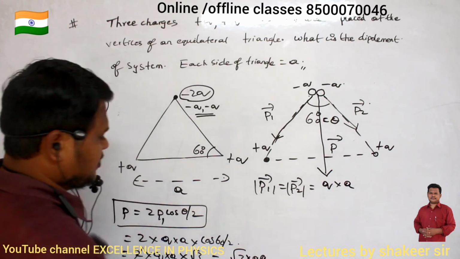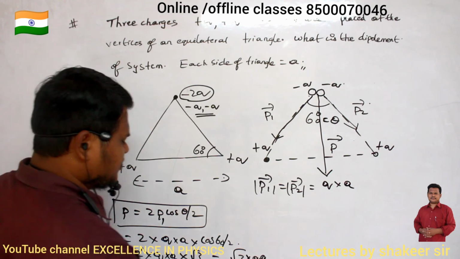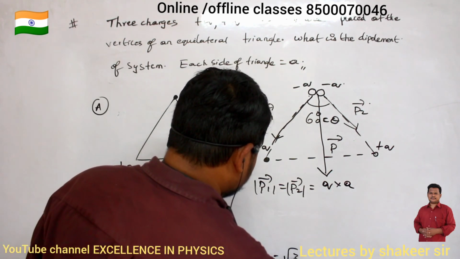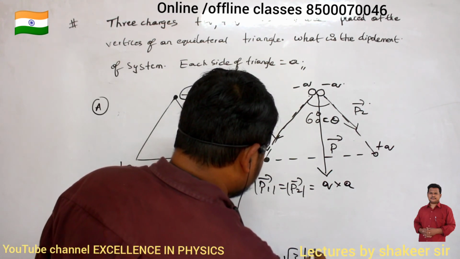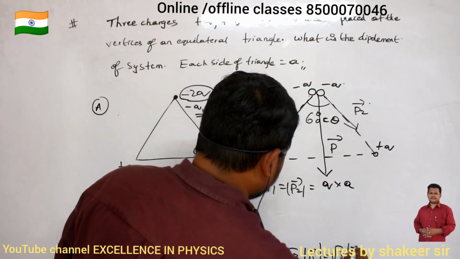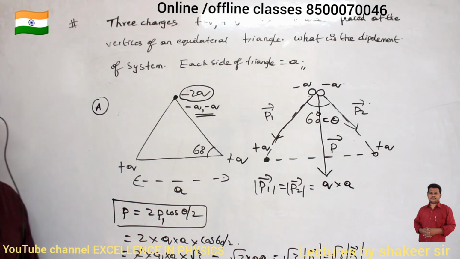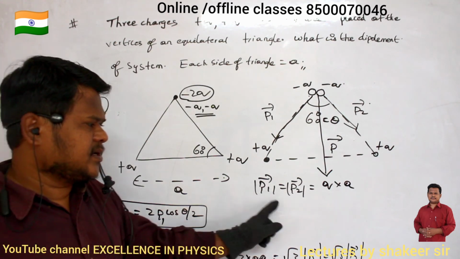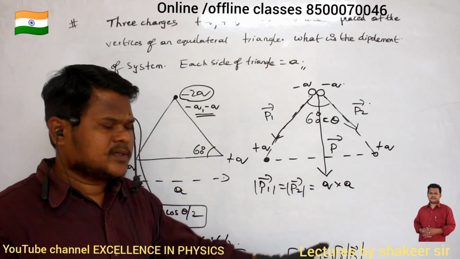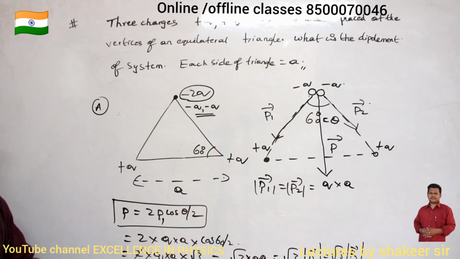Or I can write root 3 into magnitude of P1 dash, or root 3 into magnitude of P2 dash, because P1 and P2 are equal and equal to q into a. So this is my total dipole moment. Have you understood up to here? Come on, make a note of this one.